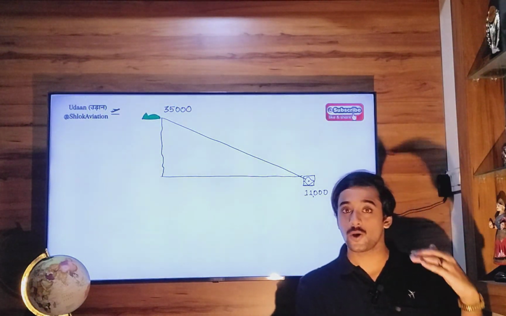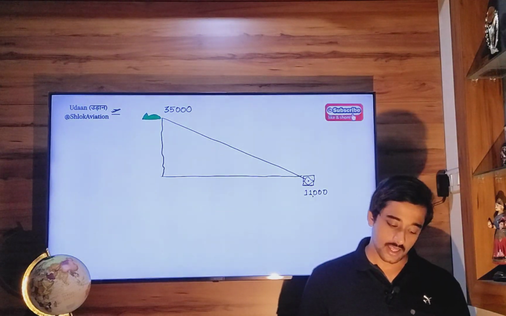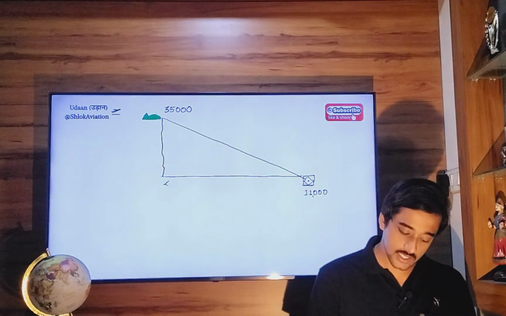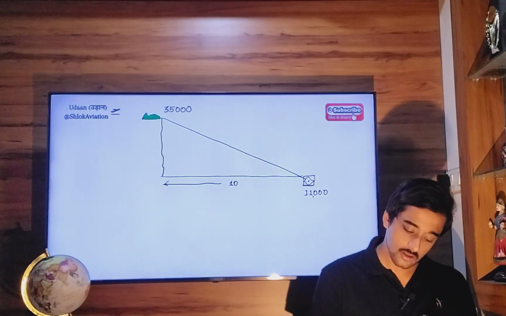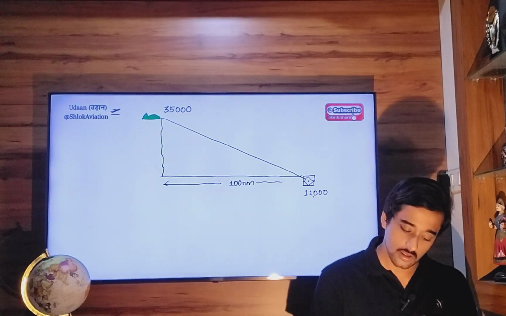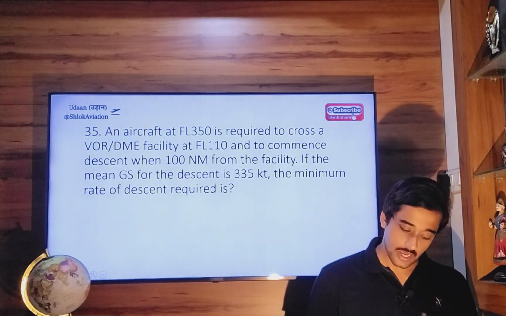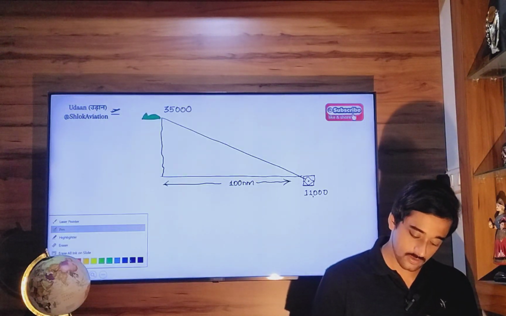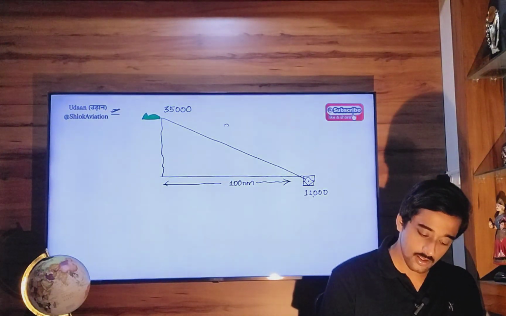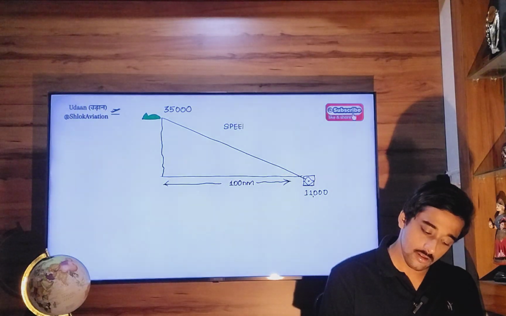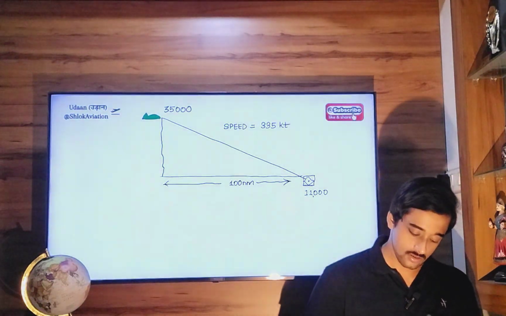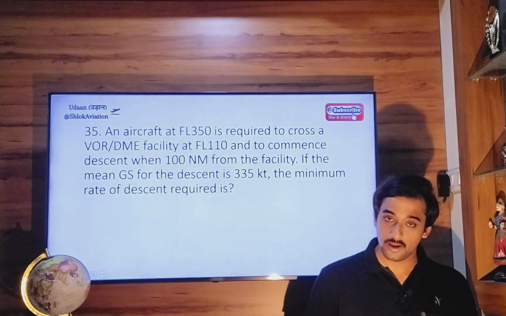So you have to cross this VOR DME station at 11,000. 100 miles is the distance and speed is 335 knots.